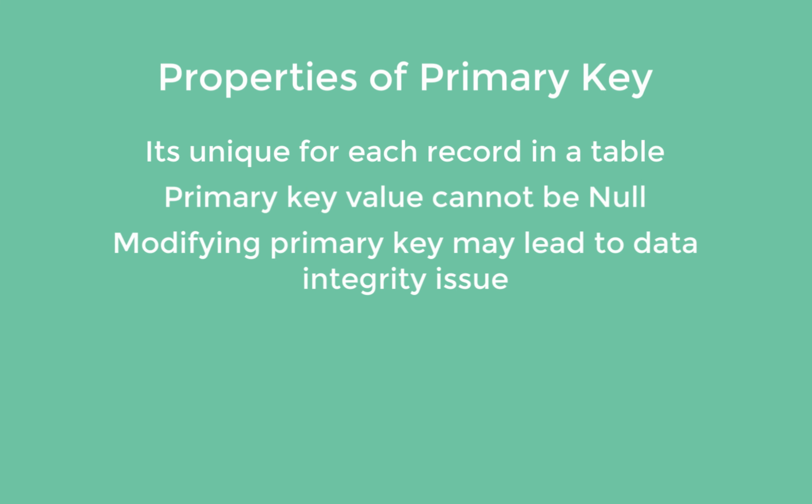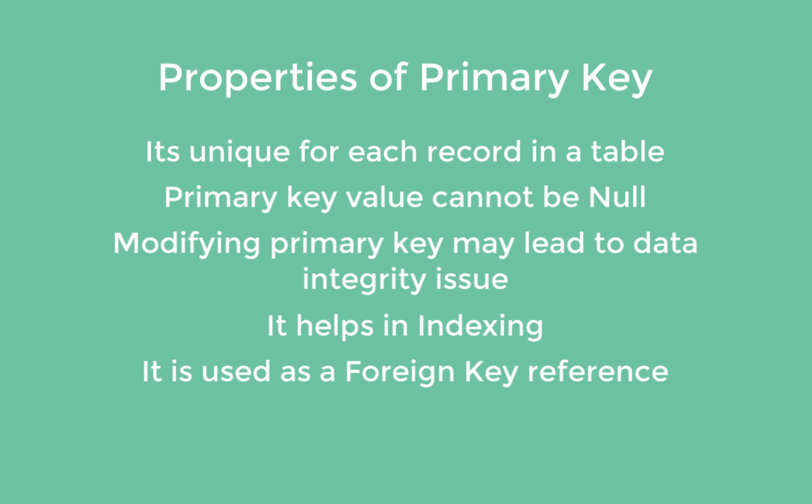The fourth one is that it helps in indexing. A database typically creates an index automatically on the primary key column, and this allows for efficient retrieval and quick access to specific records using their primary key values. Then the fifth one is that it is used as a foreign key reference.